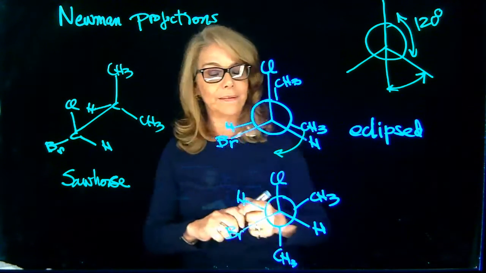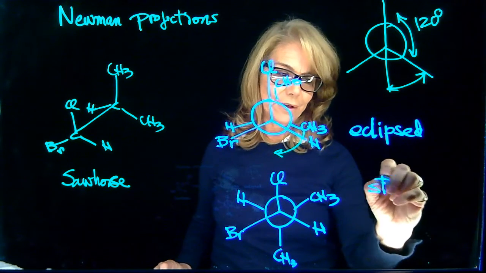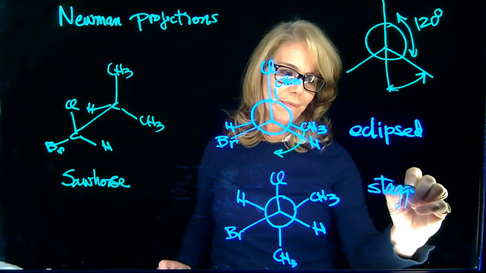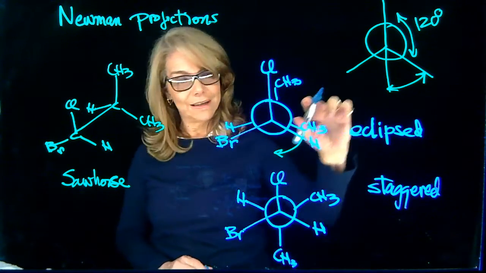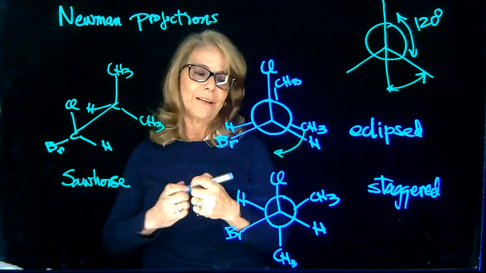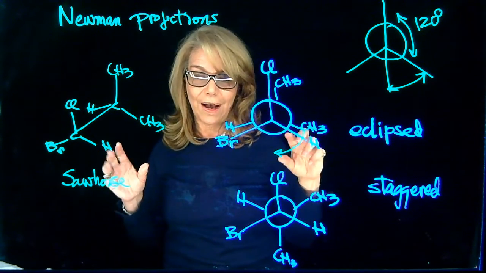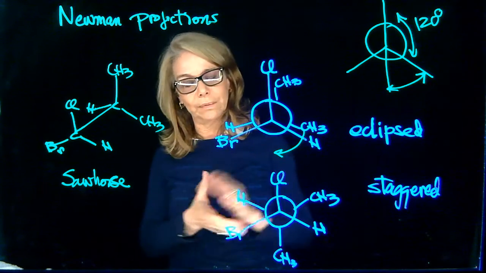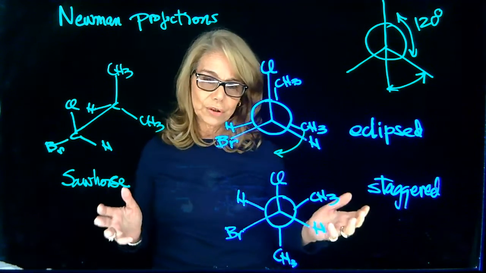But now this conformation, and we mentioned in another video, is called staggered. And these conformations are lower in energy than the eclipsed. We don't have those steric interactions, which contribute to something that we call strain energy. So now torsional strain.